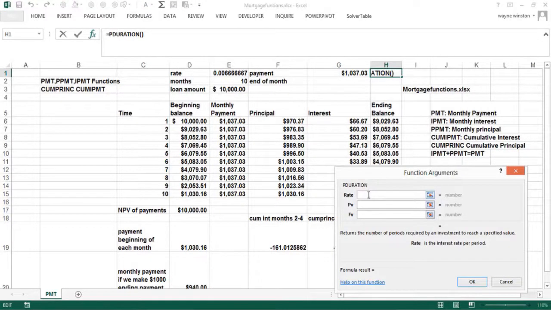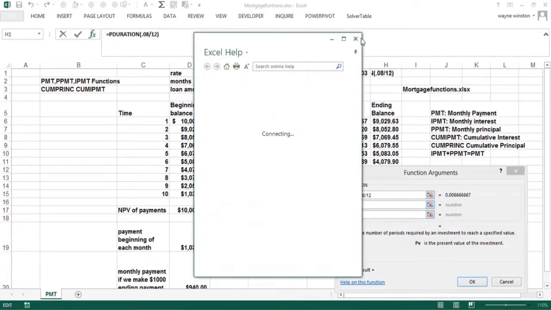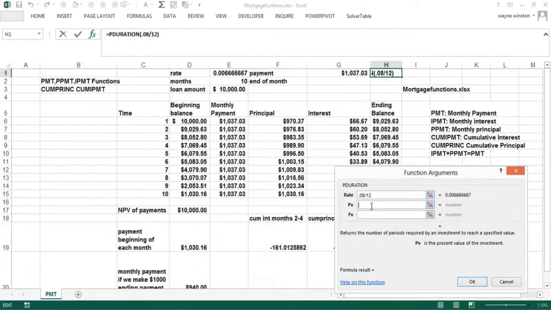So the rate was 8% divided by 12. I'll just type it in. The present value should be a positive number because if you borrow money, they write you a check when you get the loan. Future value is 0 because there's nothing happening at the end of the investment.